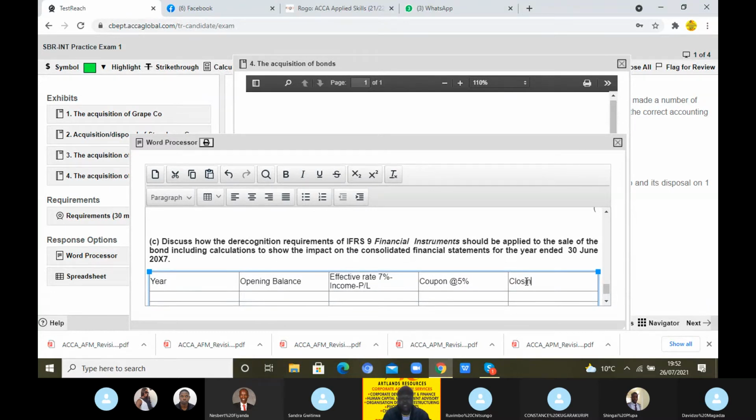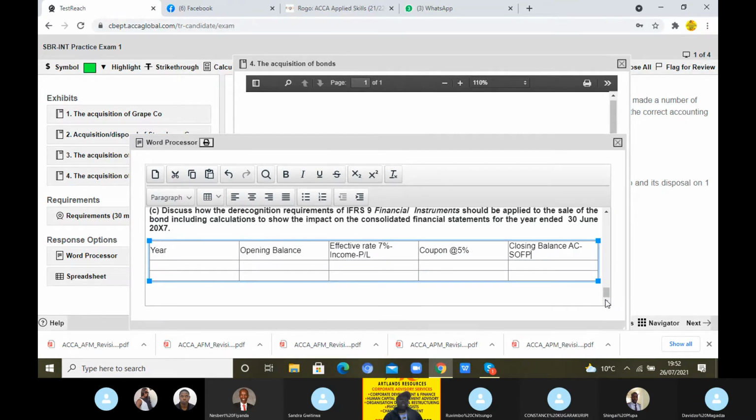So the bonds should still be recognized at these values. You know, this is closing balance, but it's what we refer to as amortized cost. It goes to statement of financial position.